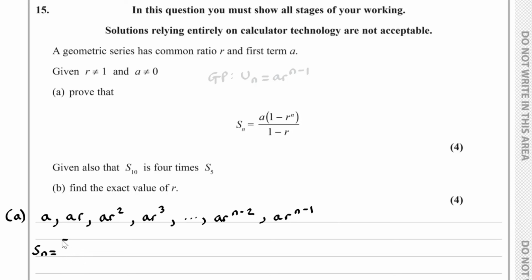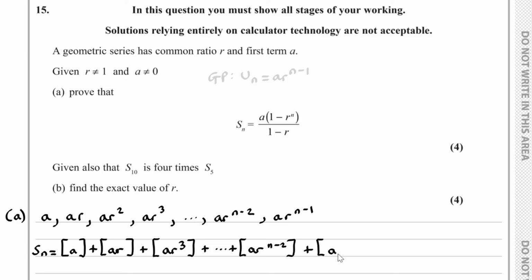Now I'm going to write these in a square bracket. We have first term a, second term ar, third term ar squared, and we can continue this. Continuing, we have ar to the power of n minus 2, and then over here ar to the power of n minus 1.